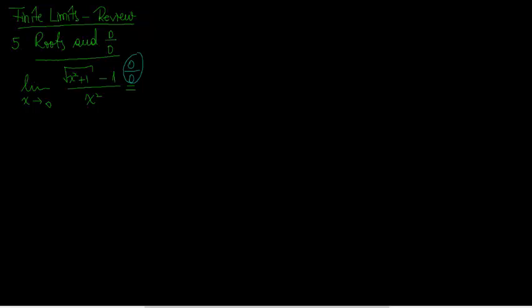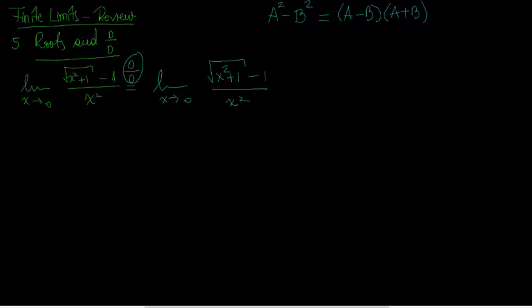So I'm going to take advantage of the formula in algebra, namely the a squared minus b squared formula, which gives me a minus b multiplied with a plus b. So what we're going to do in the following is multiply our numerator by the so-called conjugate.